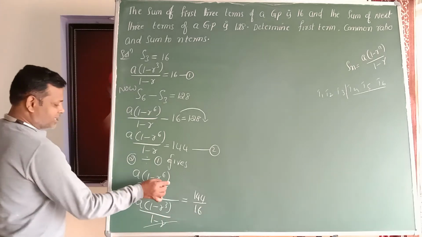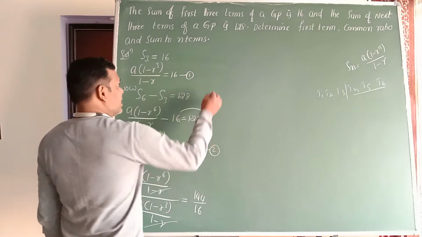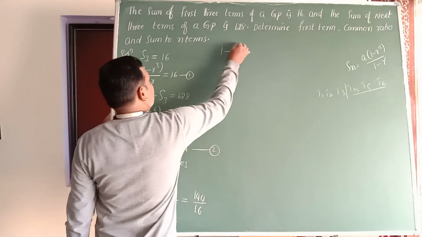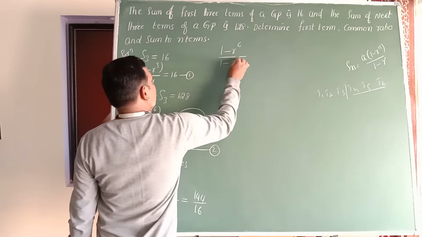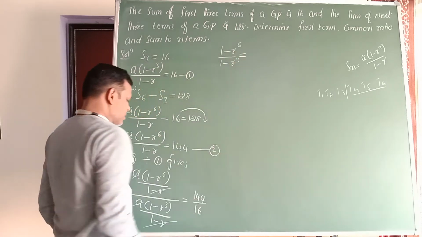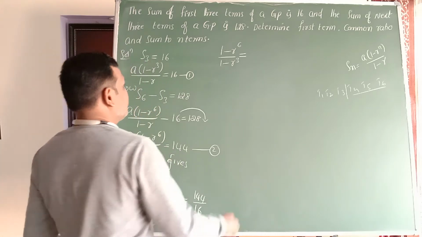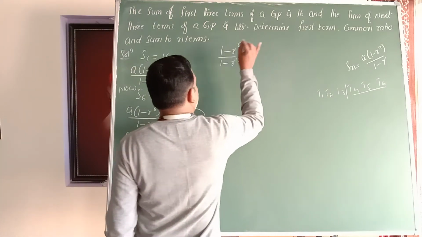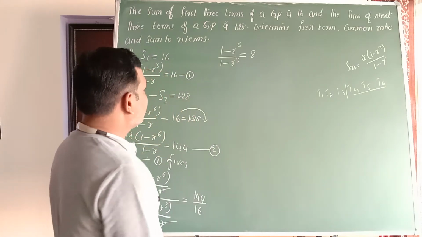Here 1 minus R and A get cancelled. What remains is 1 minus R power 6 divided by 1 minus R cube is equal to 144 by 16, that is 8. Okay, got my point? So that is not 8, that is 9, I think.